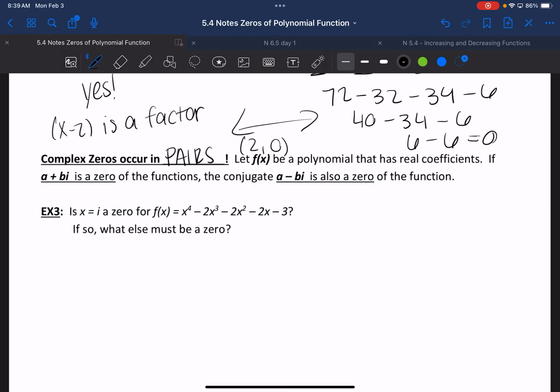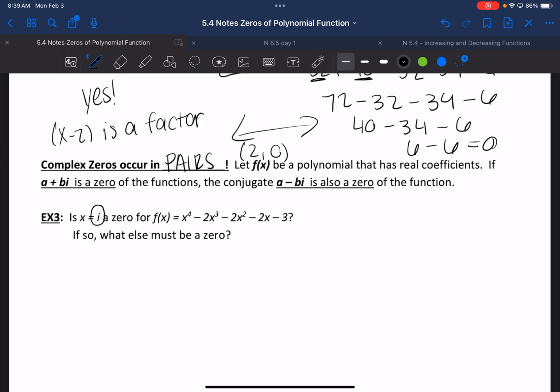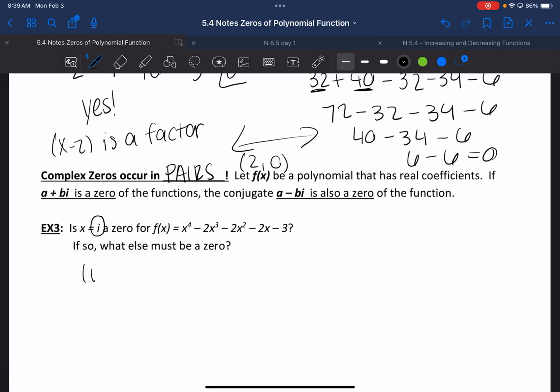If so, what else must be a 0? Okay, well, x equals i. That means to go plug in i for x, right? Okay, so then that would be i to the 4th power minus 2 times i to the 3rd power minus 2 times i squared minus 2 times i minus 3.